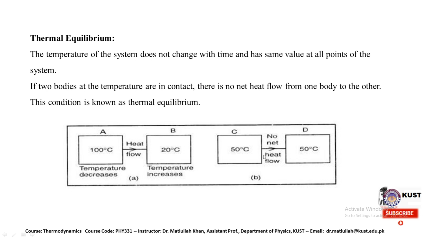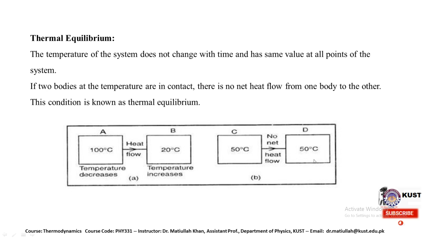temperature. In the next stage, if we consider systems C and D, both the systems achieve the same temperature: system C has a temperature of 50 degrees centigrade and system D has a temperature of 50 degrees centigrade.